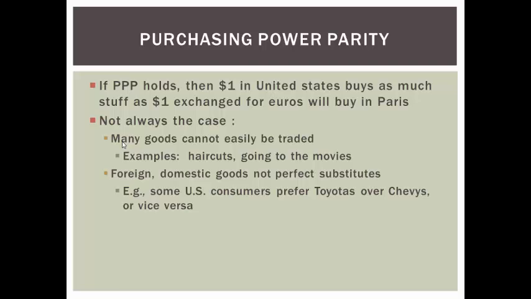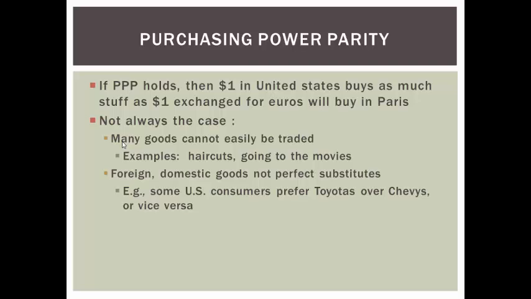So it shouldn't matter if we have a dollar or a dollar exchanged for other currencies. If purchasing power parity was holding, then we would be able to purchase products in different countries and get exactly as much stuff. Let me give you an example.